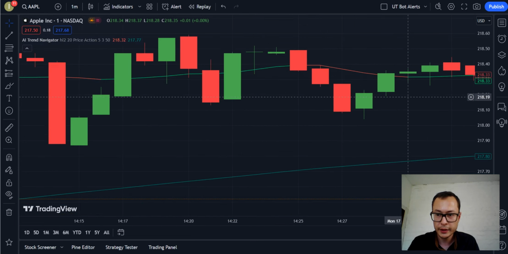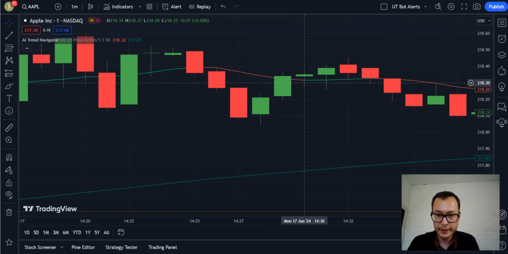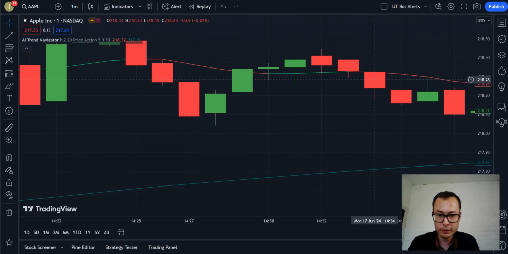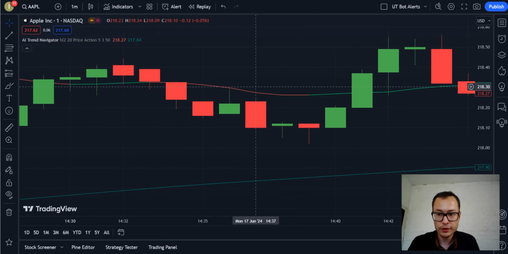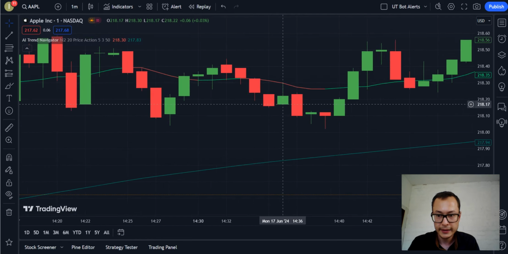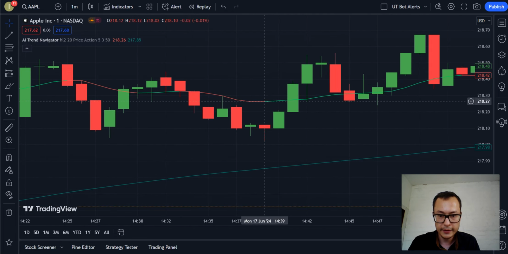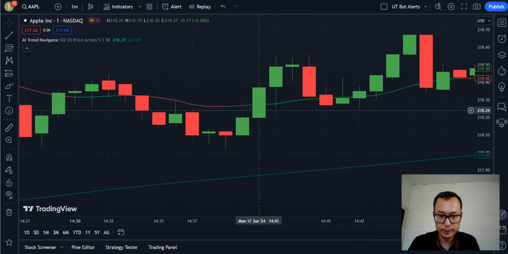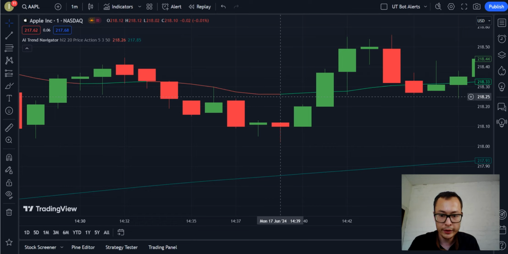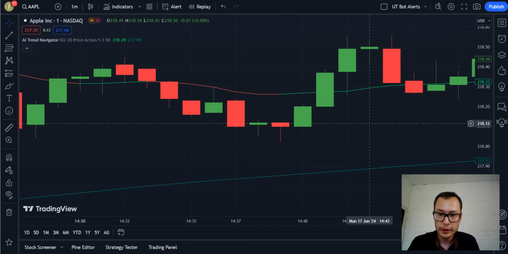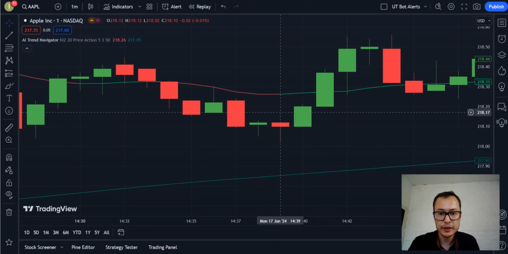We wait a little bit here. We see a green line here, but we can disregard that because there's a very small increase in the price of the Apple stock. So we disregard it and we continue to wait. And right here at 2:39 p.m. the AI Trend Navigator turns green, and it shows a more upward trend in the price of the Apple stock.